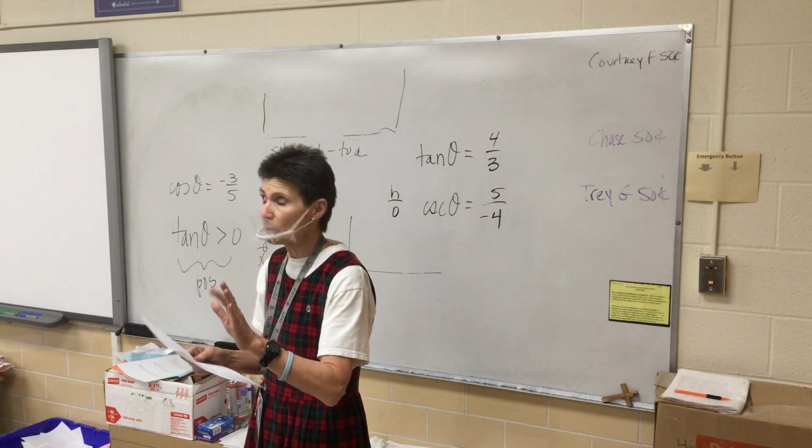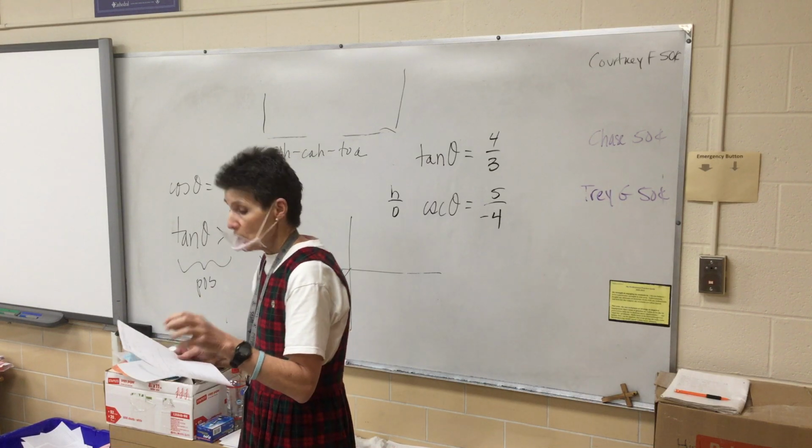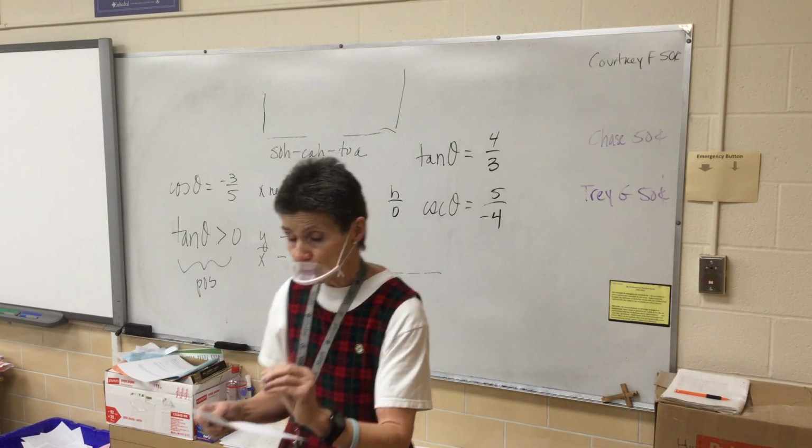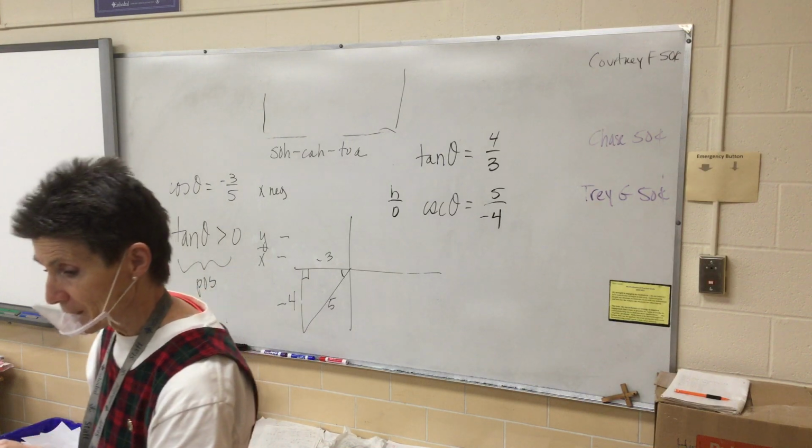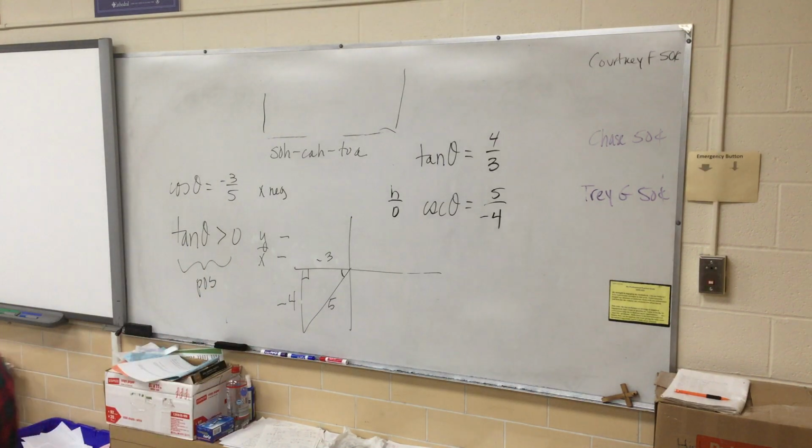And all it is, remember, this was just review. So take a look at that triangle, the first one. Tell me what X, Y, and Z are. What numbers go on the sides of a 45, 45, 90 triangle? X is 1, Y is 1, and Z is root 2, right?